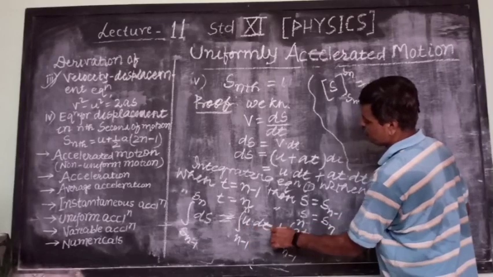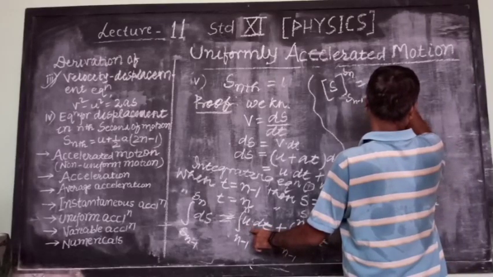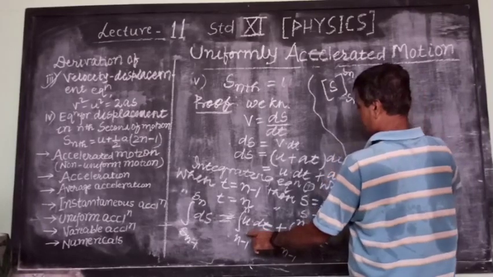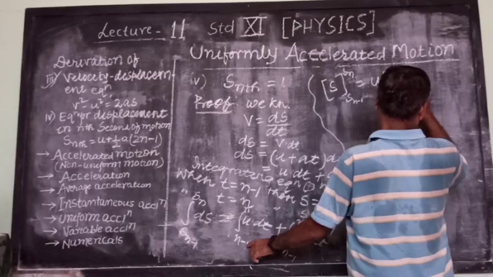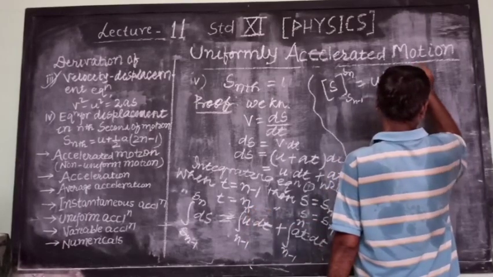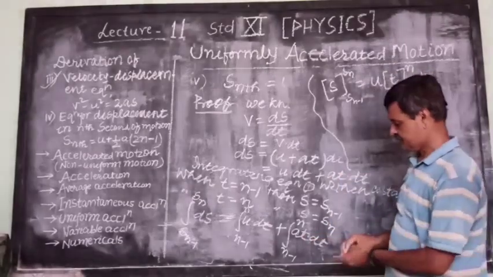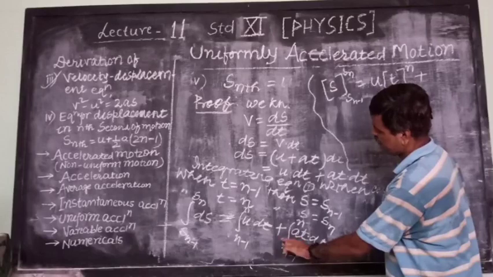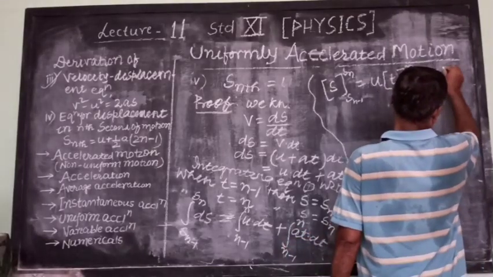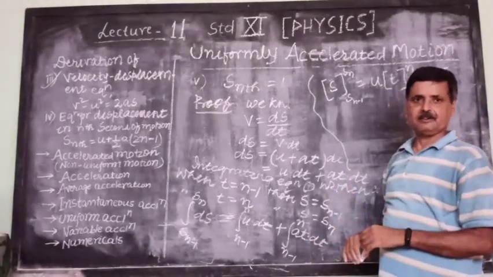This is your u into dt. U will be here. What will be integration of dt? T. And range is n minus 1 to n plus at dt. A will be taken out of this integration. What will be integration of t dt?